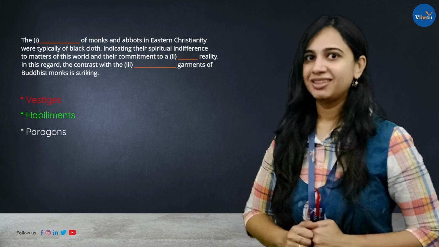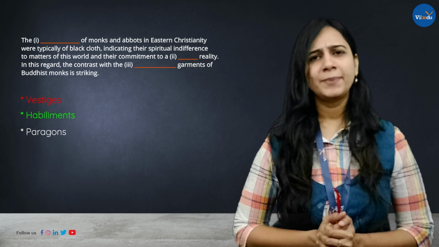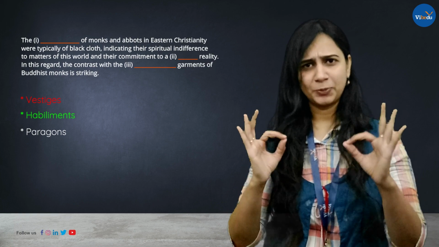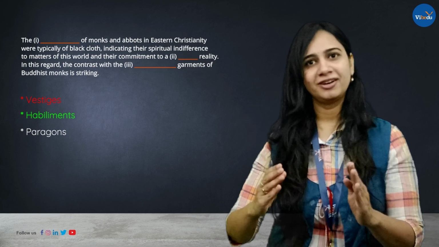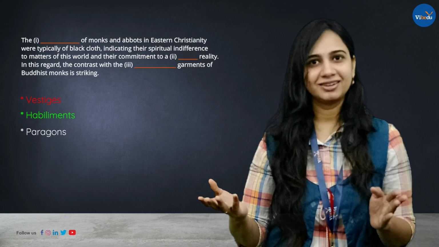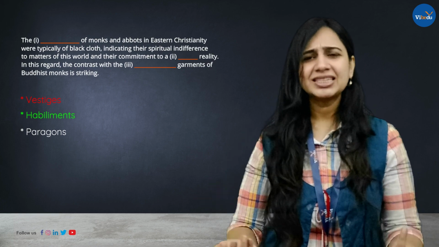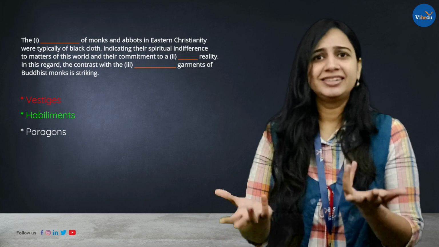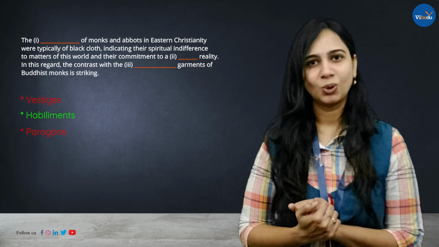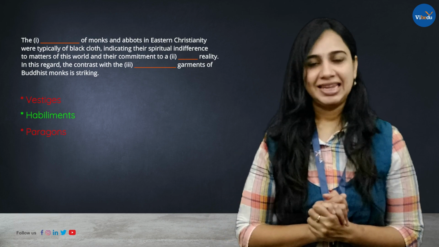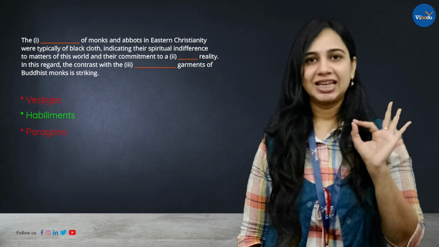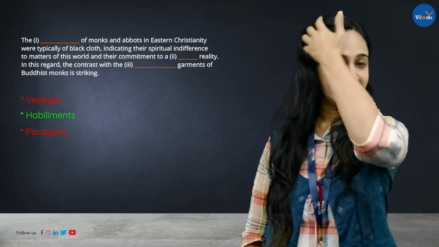That can be the answer. Paragon. Paragon is someone who is a perfect example of excellence, or exactly we can say someone is an ideal example. So no, paragon cannot be. Yes, habiliments is the perfect answer for the first blank.